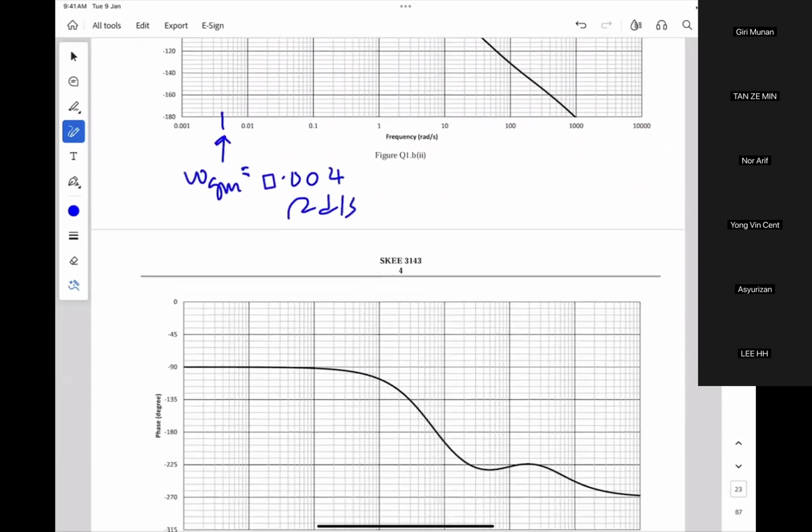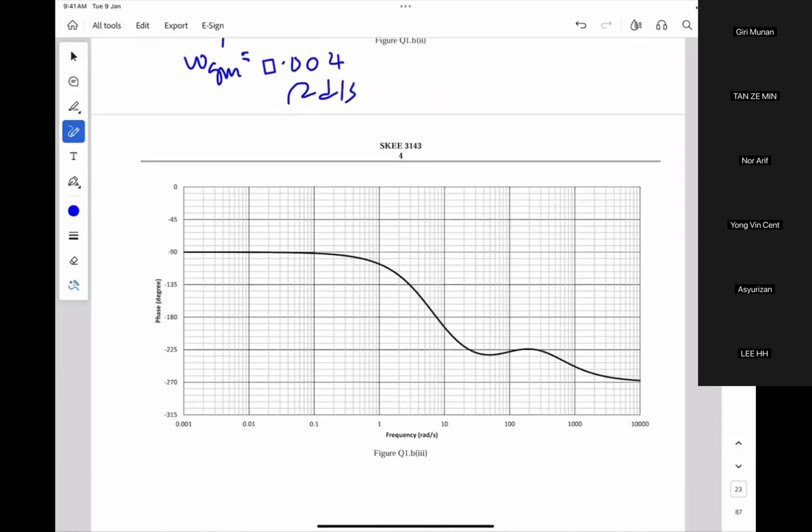Phase crossover frequency. Amira? Phase crossover frequency.